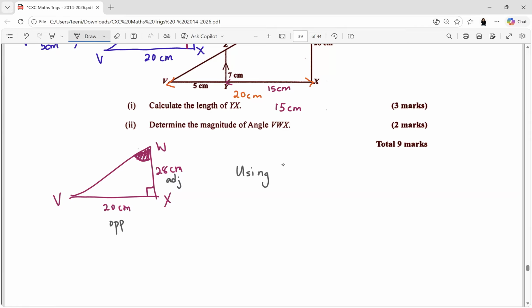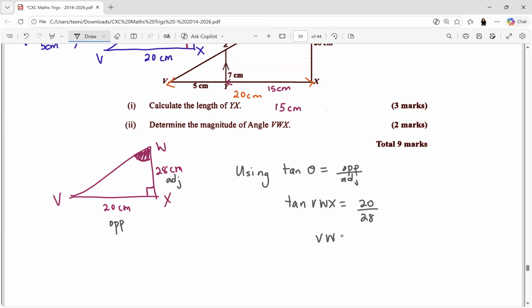Using tan theta is equal to opposite over adjacent, I get tan of the angle we're trying to find, VWX, is equal to the opposite side, which is 20, over the adjacent 28.